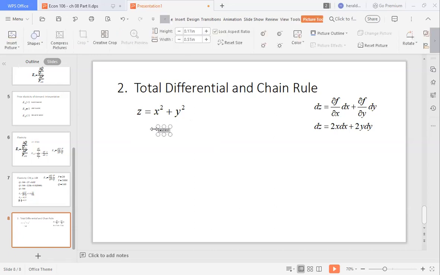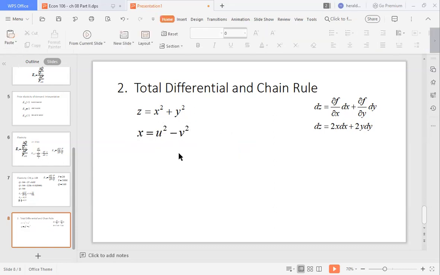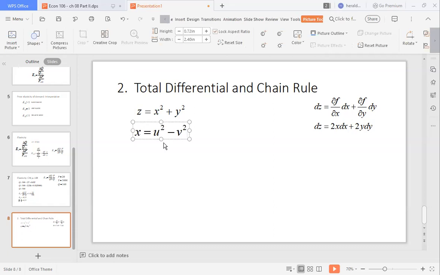The complication comes in when x is equal to u squared minus v squared. And let's also have y, so we can have a complete picture. So y is equal to uv.